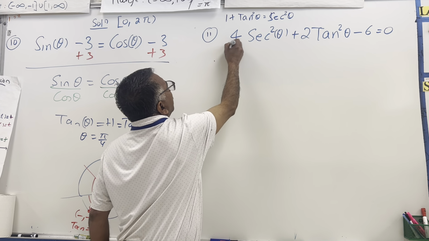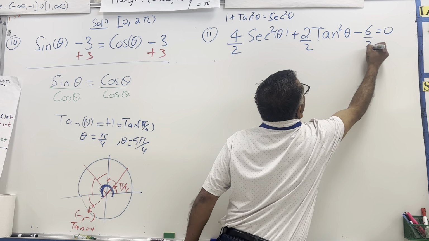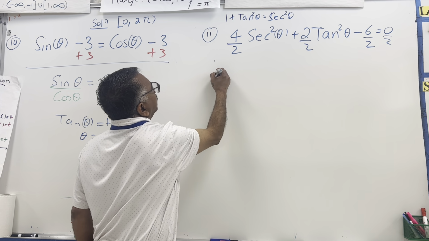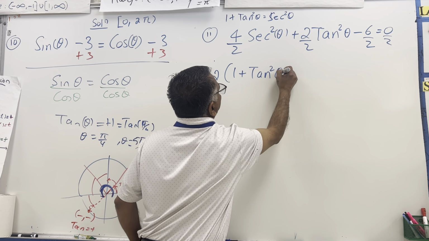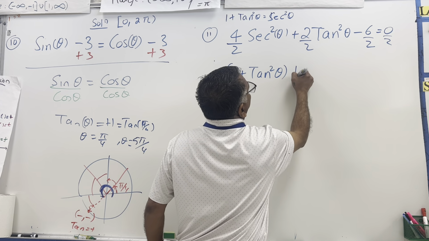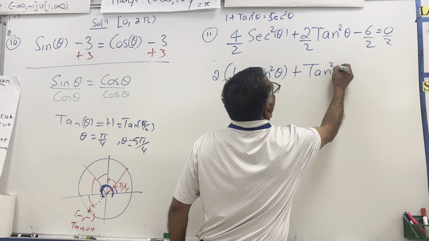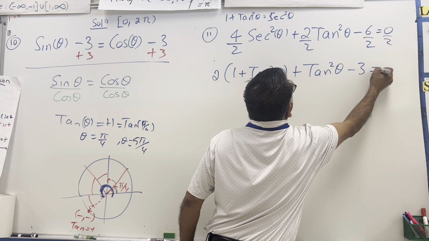At the same time, I'm going to divide by 2 just to make it easy. And this will become 2, and secant square is 1 plus tan square theta plus tan square theta minus 3 equals 0.